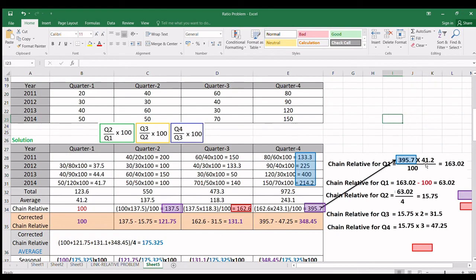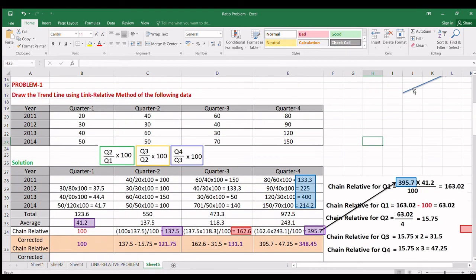What about this 41.2? From where did I get this 41.2? This 41.2 is a value from here. This is my quarter 1 average. I'm going to take the help of this arrow to locate my 41.2. Clear with this? So 41.2 I got from the quarter 1 average.